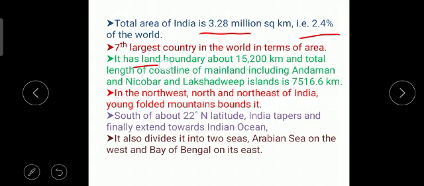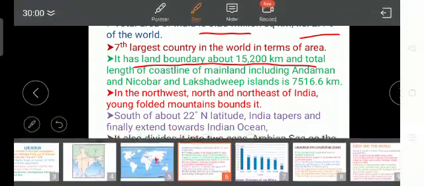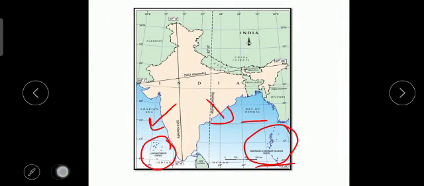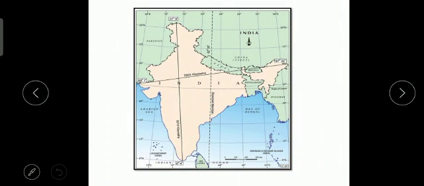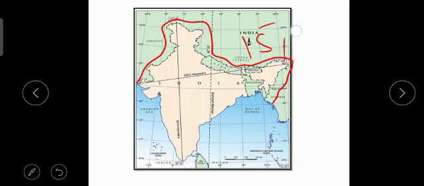India has a land boundary of about 15,200 kilometers. This is the land boundary, and the land boundary of India is 15,200 kilometers.